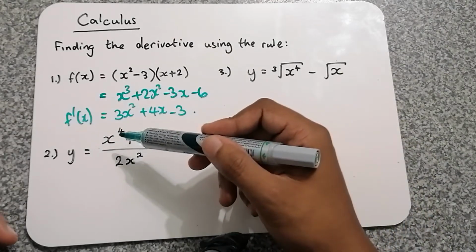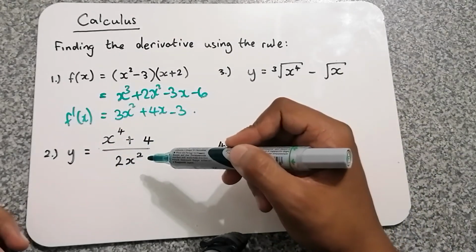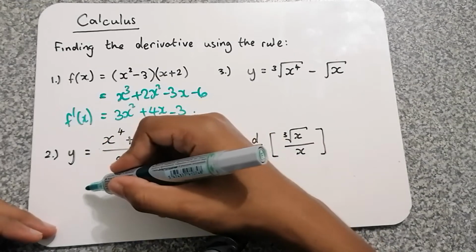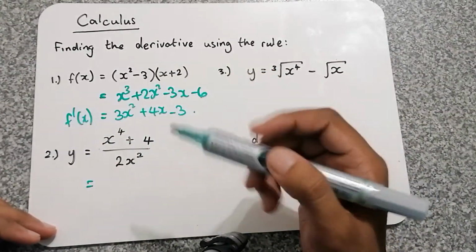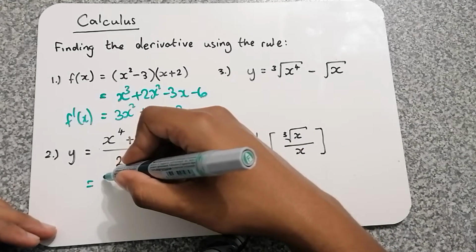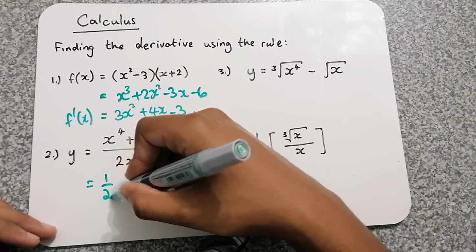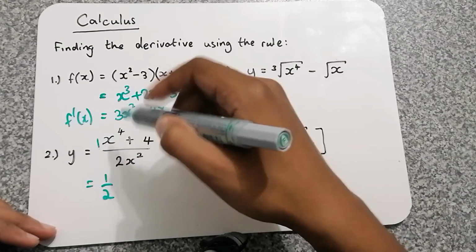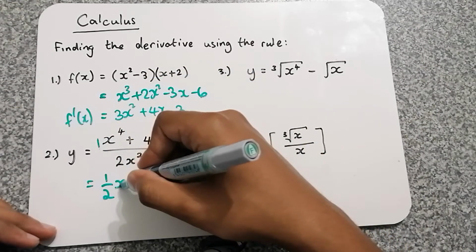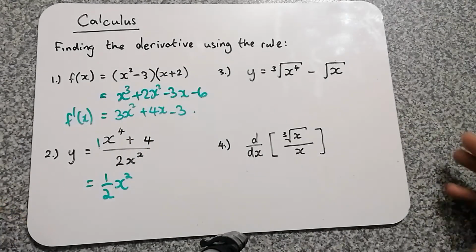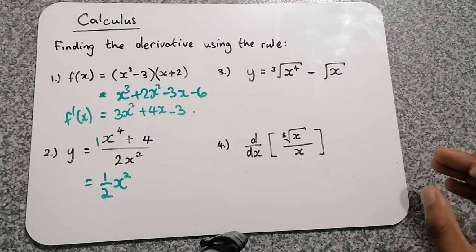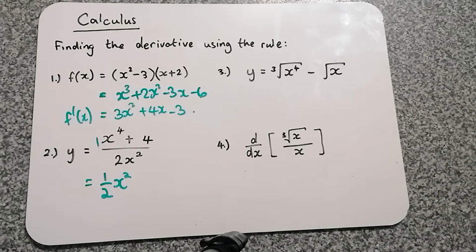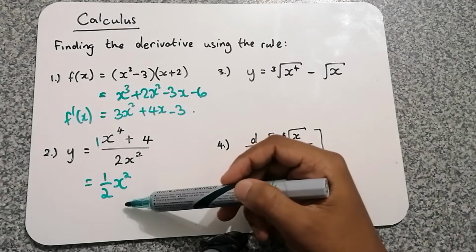Okay, so x to the power 4 divided by 2x squared, if we divide the x's, we must minus the exponents. So this becomes 1 over 2, because there's an invisible 1 there. And then we'll have x squared as a numerator. Now, because it's a numerator, I'm just writing it next to the fraction. The numerator is implied because this is simply x over 1.